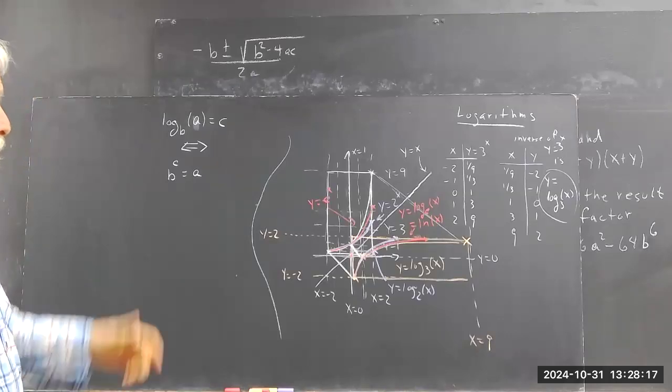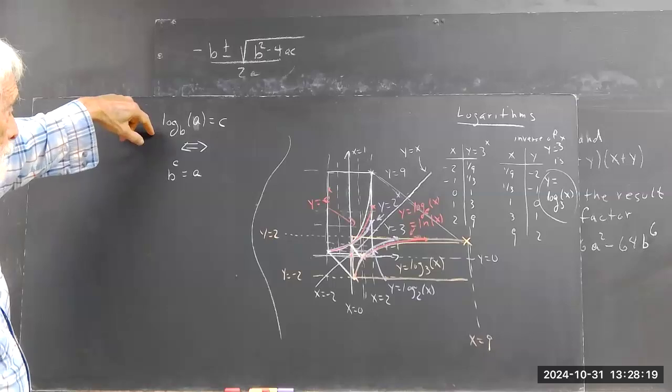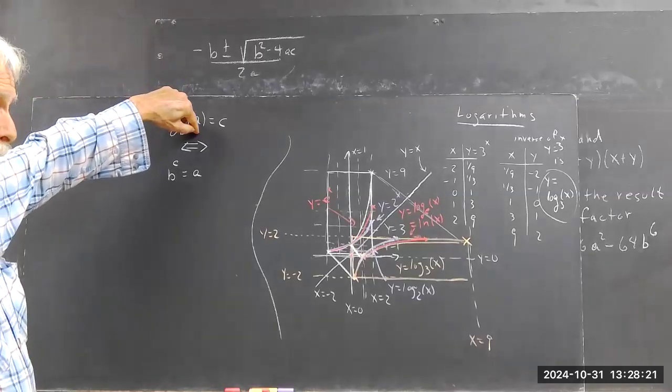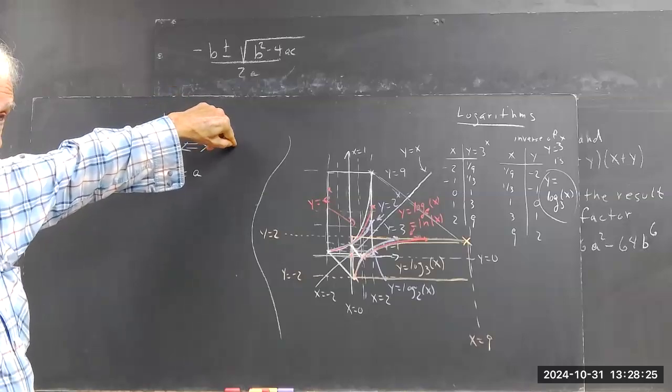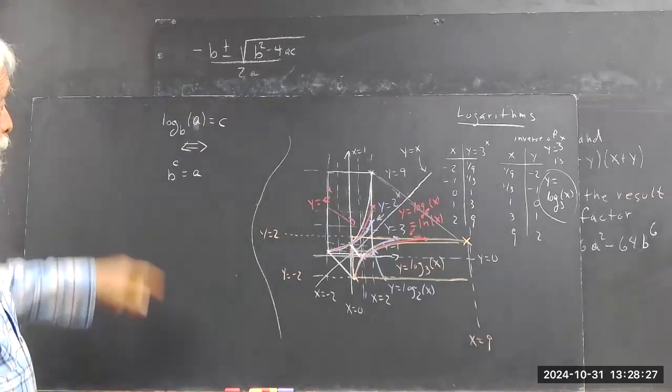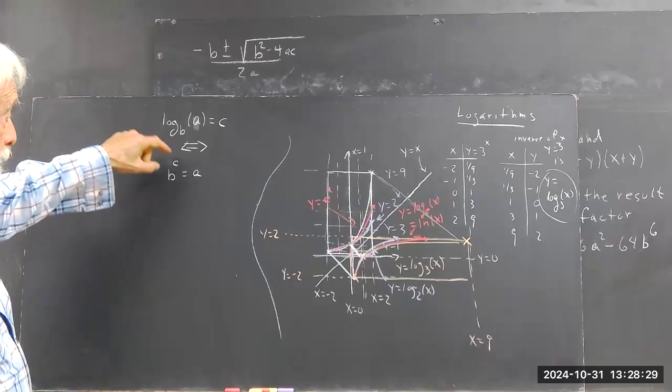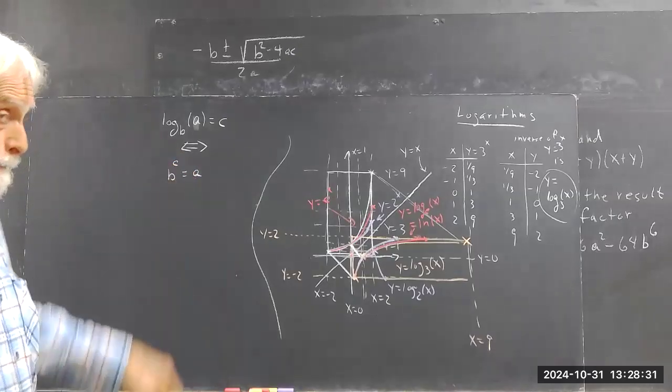Here, the log function is acting on A, and it gives you the result C. Here, the exponential function is acting on C and it gives you the result A.